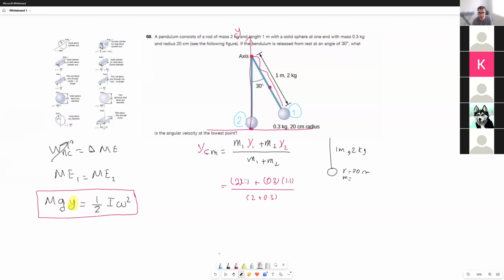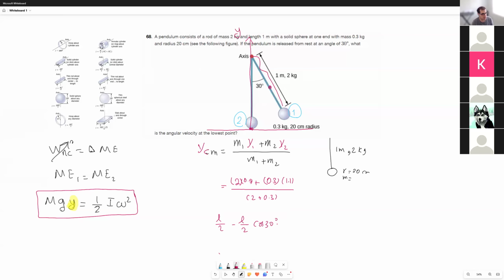Two times 0.5. 0.1. Harshpreet is saying L over 2 minus L over 2 cos 30.